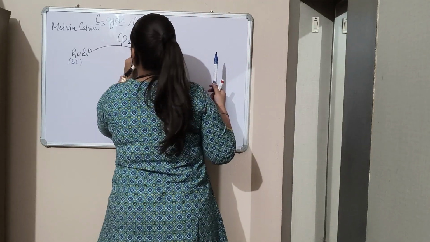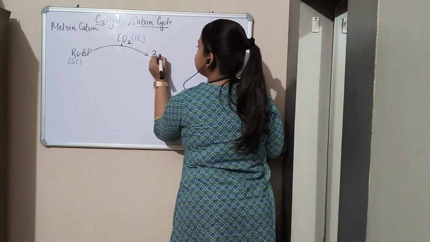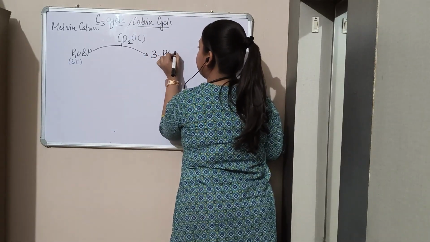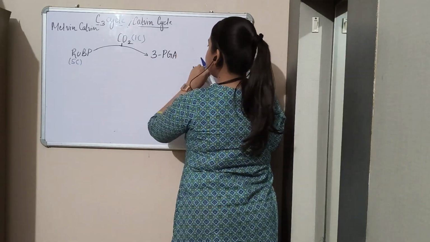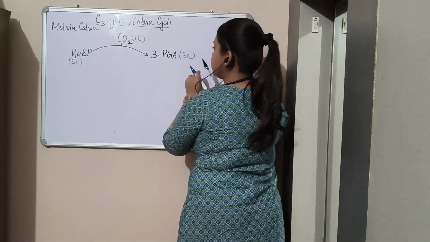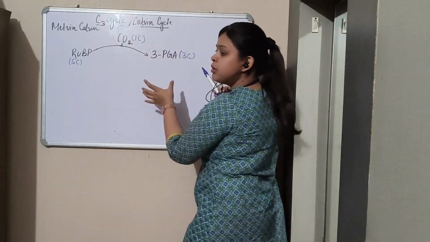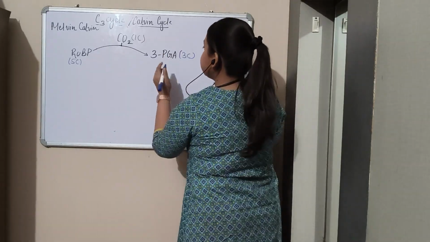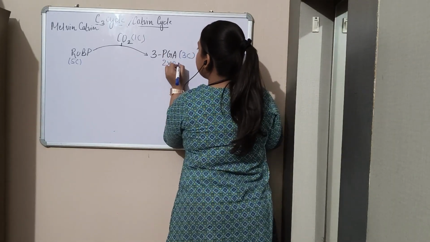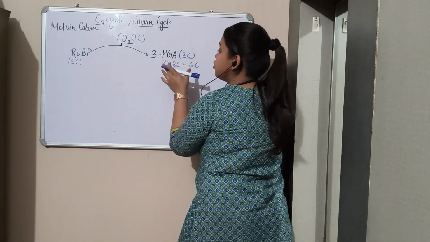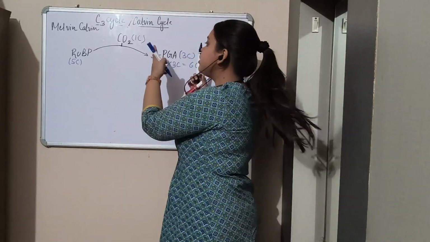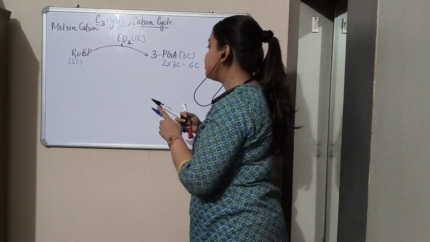And in this case, 3-phosphoglyceric acid is a 3 carbon compound. So if you see 5 carbon and 1 carbon, it is forming 6 carbon. So basically, 2 molecules of 3-phosphoglyceric acid are being formed in this process.